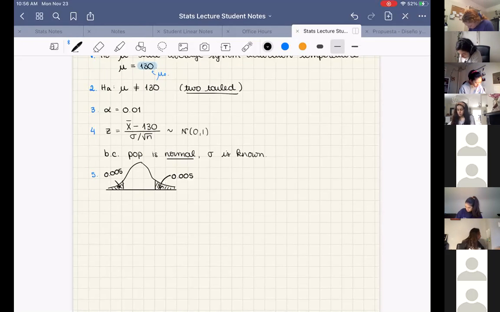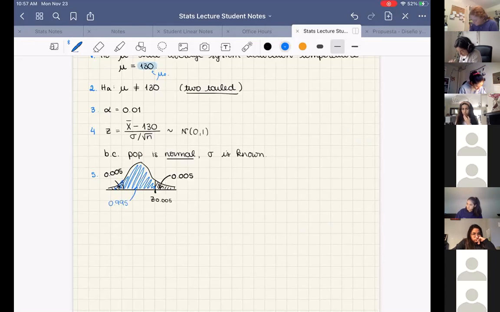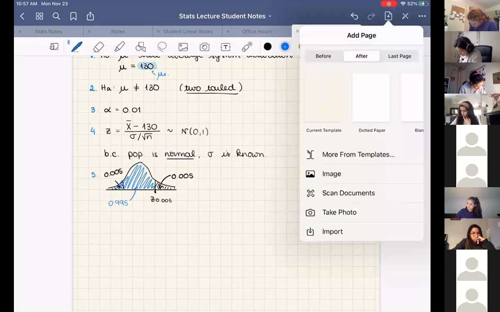And so that means that I'm going to look at the value that separates the top 0.005 from the bottom 0.995. Okay, so I'm going to look for this area here to be 0.995.